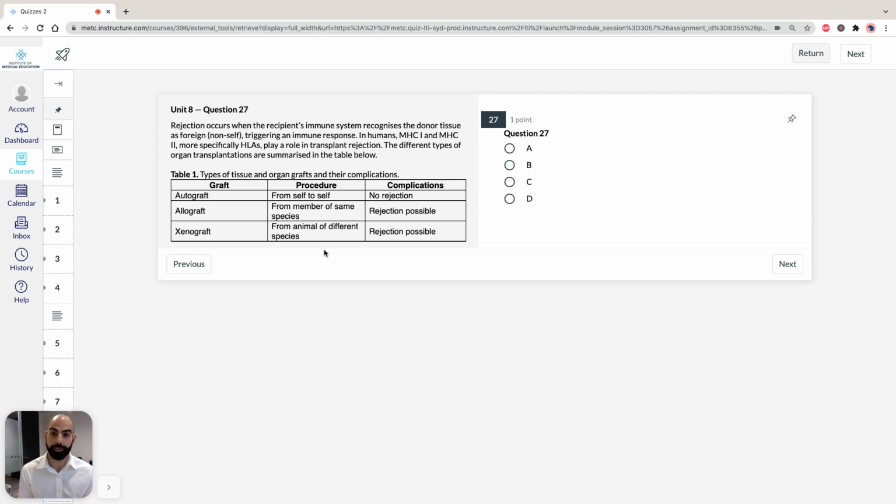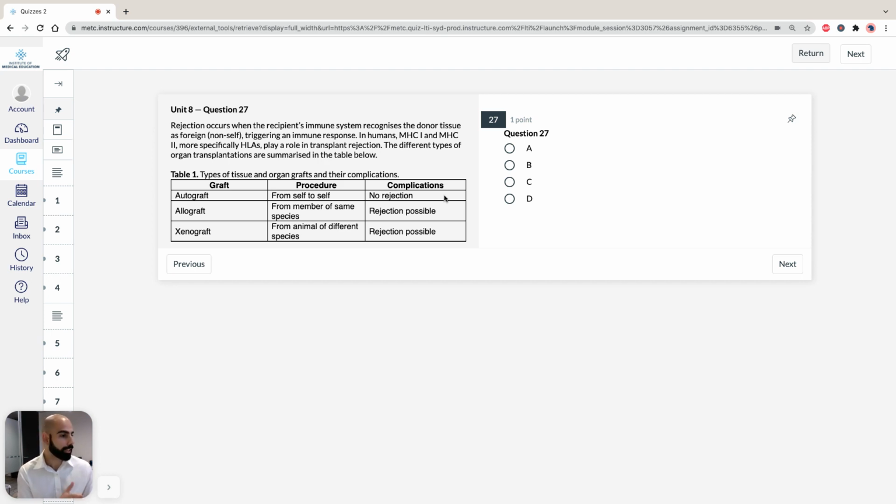Both of these transplantations look like a success. I know you might be thinking there's no such thing as rejection with autografts. In very rare cases it's possible, but generally speaking you won't get a rejection from autografts.